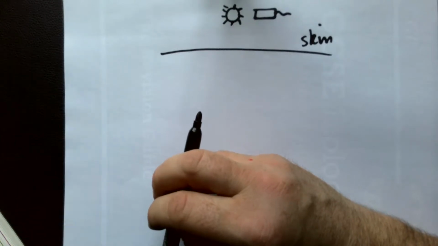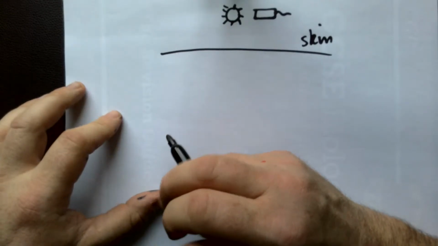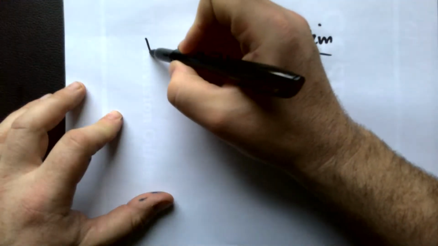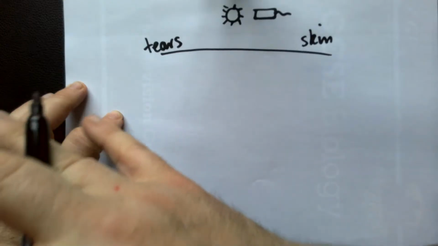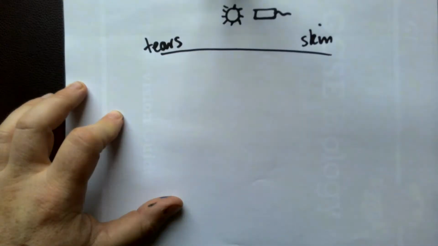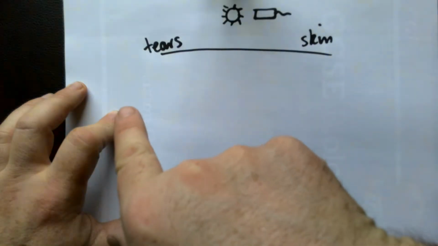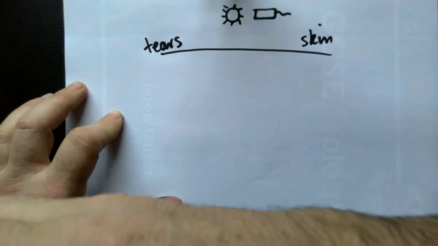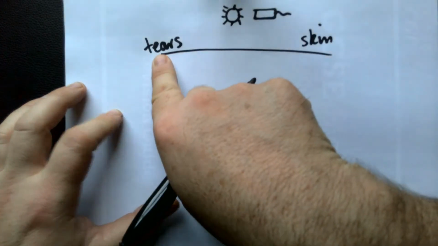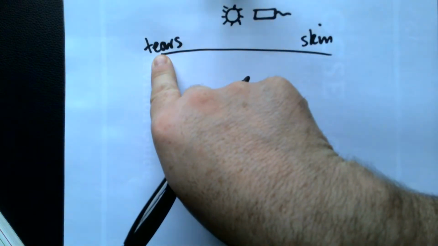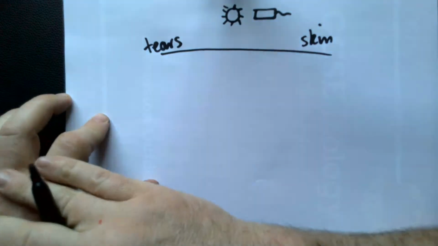We've also got our tears, and our tears contain an antimicrobial enzyme. I can't remember the name of it, and I don't think I have to know the name of it, but our tears also help fight infection. If you think about your eyes being really exposed to the environment, your eyes are always producing tears, which have these antimicrobial secretions.